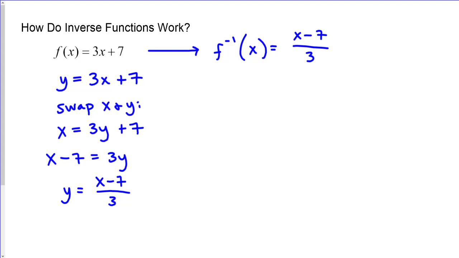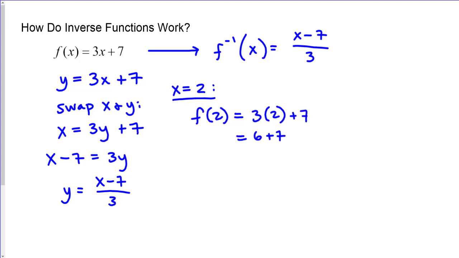Now, let's take a look at how this works by using a couple of points. So I'm going to use just some randomly chosen values. How about -1 and +2. I'll start with 2. I'm going to plug x equals 2 into f of x. So that's going to be f of 2 equals 3 times 2 plus 7. 6 plus 7, which is 13.